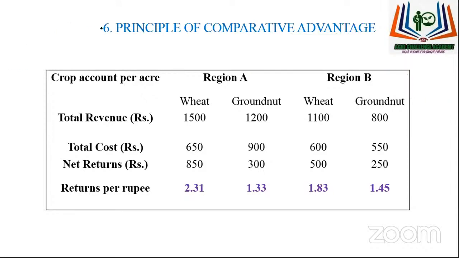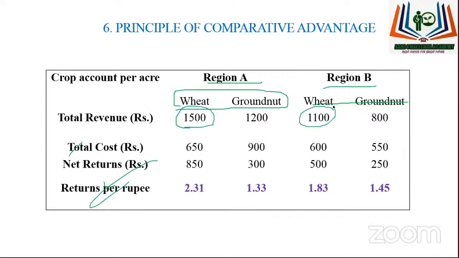Take region A and region B, or country A and country B. Both countries produce wheat and groundnut, but their returns and costs are different. The total returns from wheat here is 1500, here 1100. Here the cost is 650 rupees, here only 600 rupees.